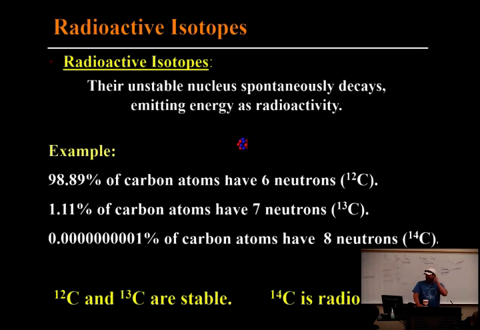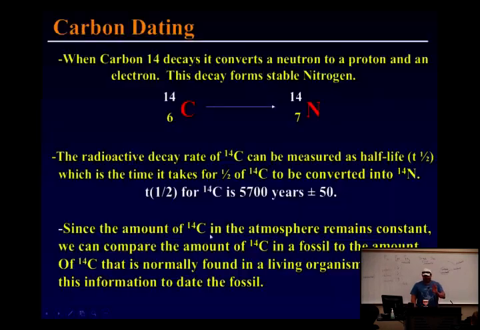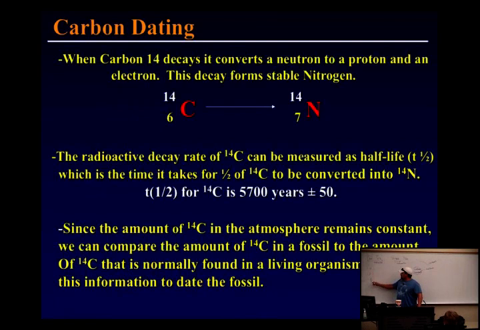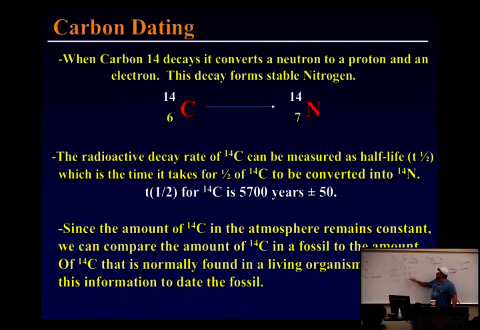Okay, so what happens is that carbon, radioactive carbon-14, decays. It doesn't like to be in this state, so it will convert one of its neutrons into a proton and an electron. This is carbon-14, right? 8 plus 6.